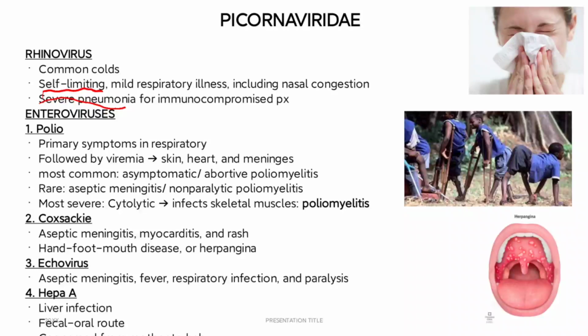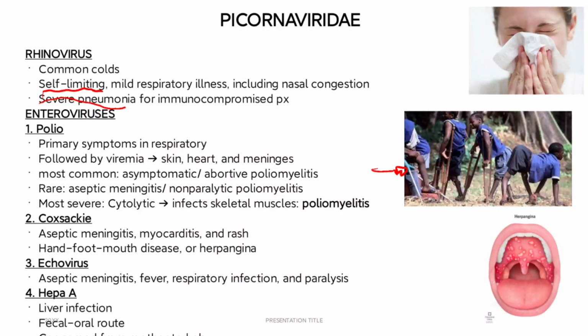In rare cases, we have what we call aseptic meningitis or the non-paralytic poliomyelitis. Non-paralytic means hindi ka naman mapaparalisado, hindi ka mababaldado ng polio. Symptomatic na siya. Aseptic meningitis meaning it would infect your meninges, however, it would not destroy your skeletal muscles.